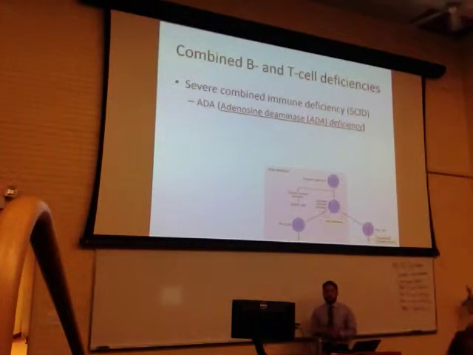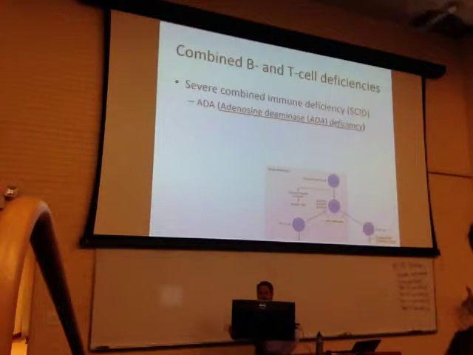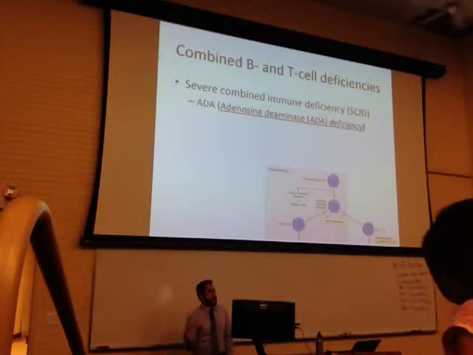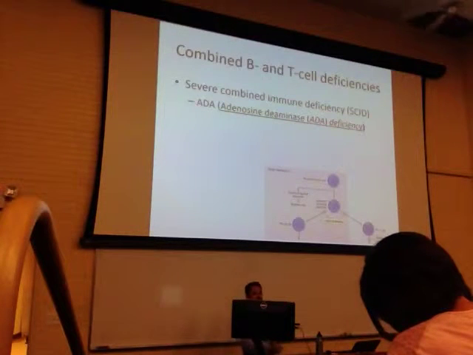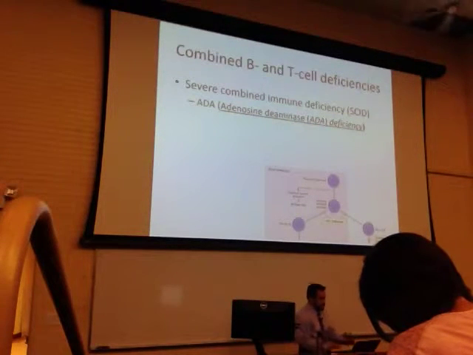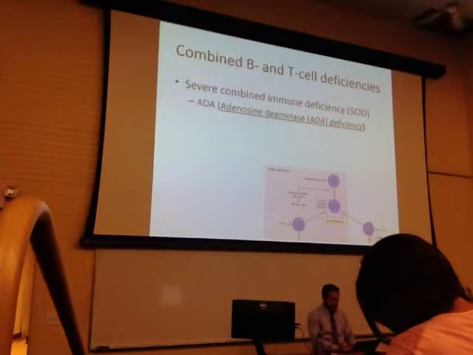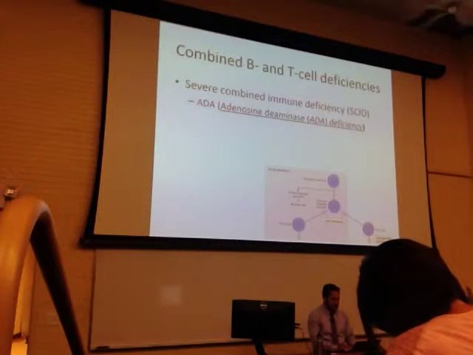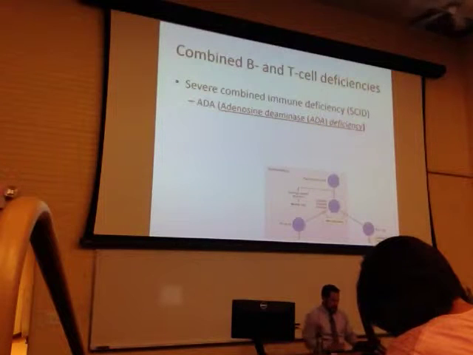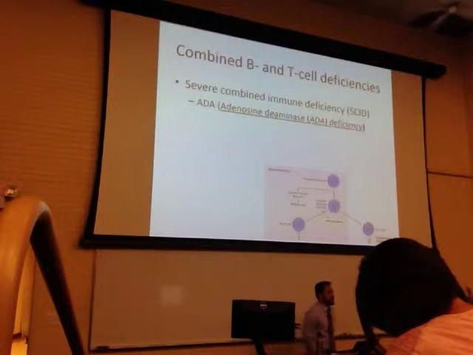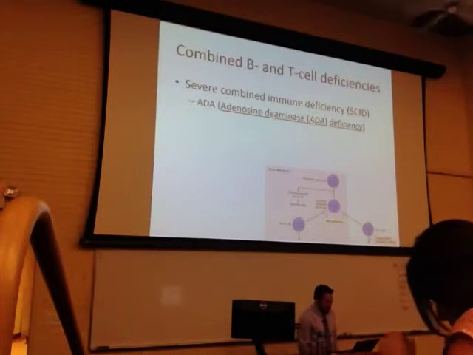This is called severe combined immunodeficiency, or what we call SCID. SCID, otherwise known as an ADA deficiency, is also referred to as Bubble Boy. This was David Vetter, that was the name of the boy.